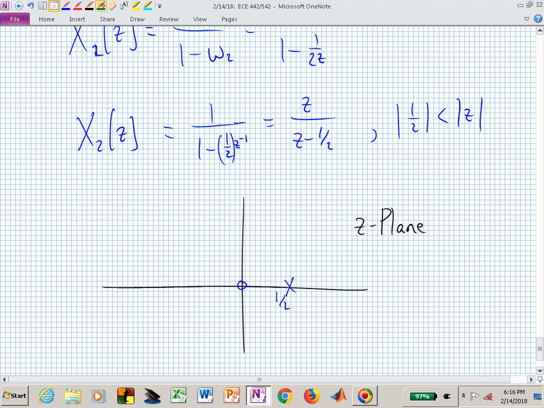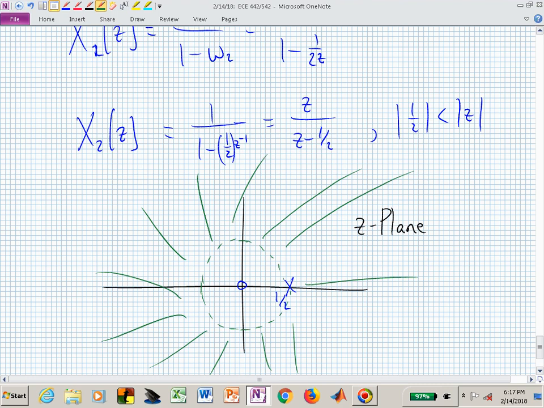Where's our region of convergence? Our region of convergence is now beyond that voided disk in the z-plane. Now we've cut out this little disk, and that's not a part of our region of convergence, but all of the poles are inside that void.